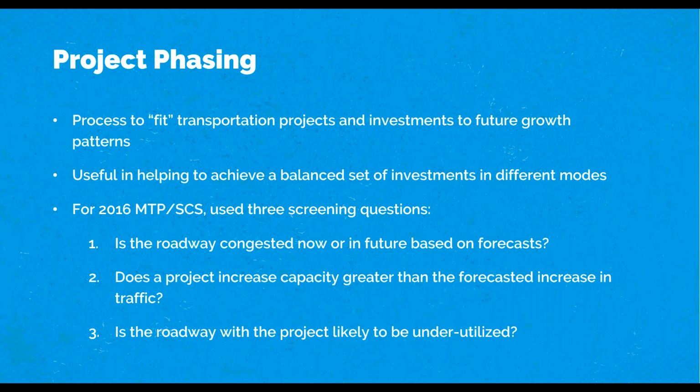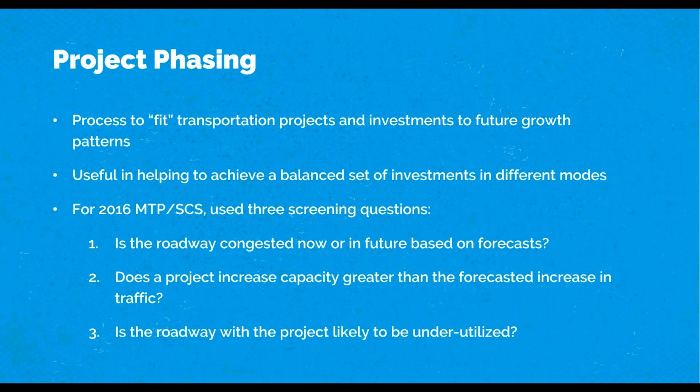We fit that together with the full list of projects that were nominated and literally do an initial forecast. And from that forecast, what we're looking at is where do demand changes and capacity changes on the highway system kind of match up in terms of that draft growth allocation and then the proposed projects.